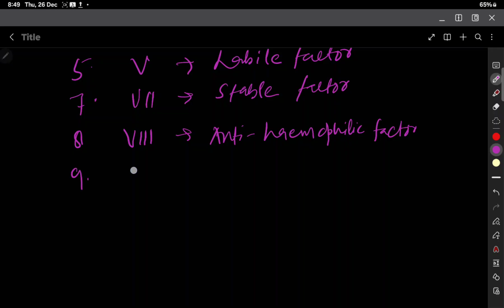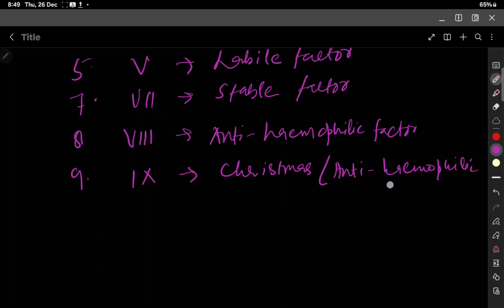Then there is ninth factor, which is called Christmas factor or anti-hemophilic B factor. Okay. Then there is 10th factor, which is called Stuart-Prower factor.